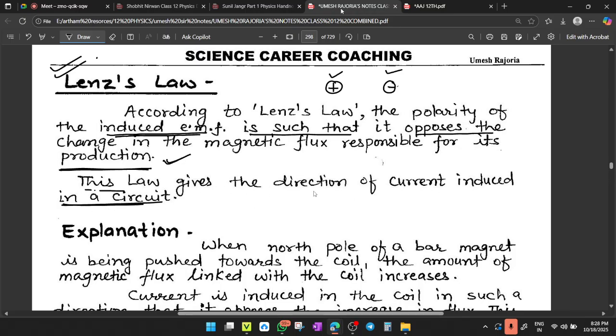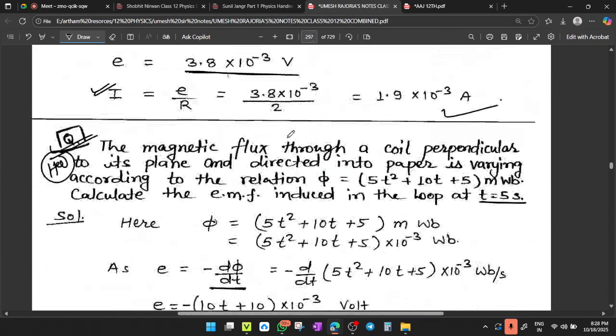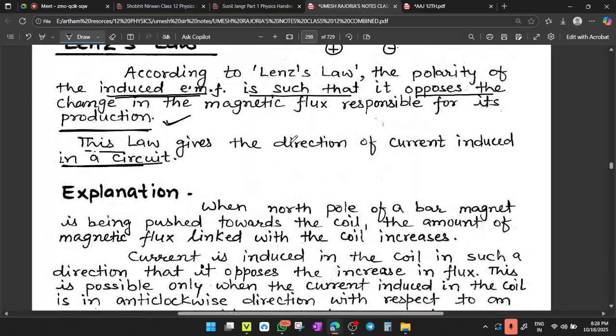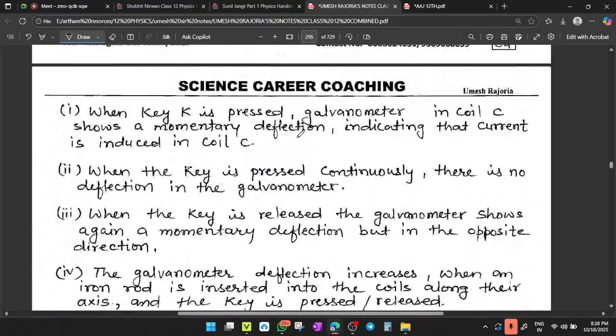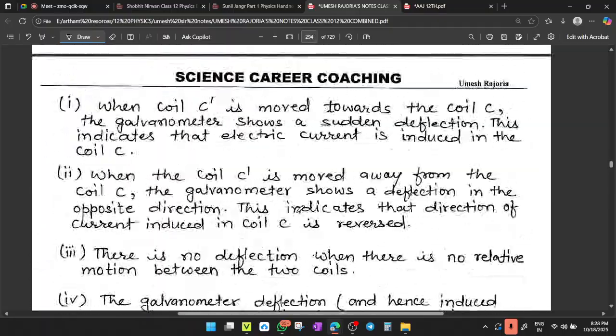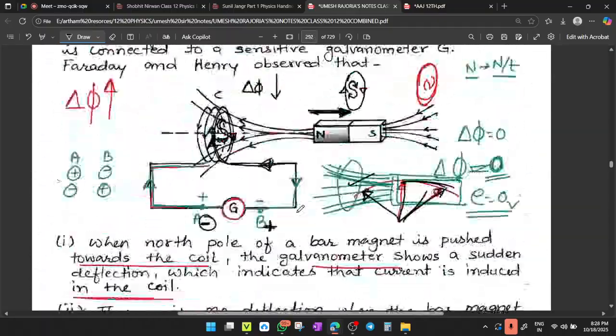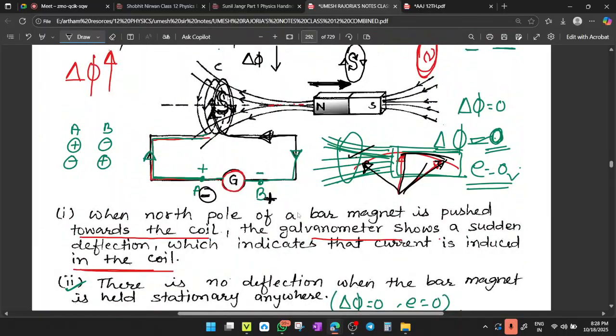Yes, this law gives the direction of current induced in a circuit. Like in the last experiment, Faraday's experiment, I told you the direction of current. Yes or no? You see here in this experiment, I told you the direction of current, like the polarity of this circuit will be minus to plus and plus to minus.